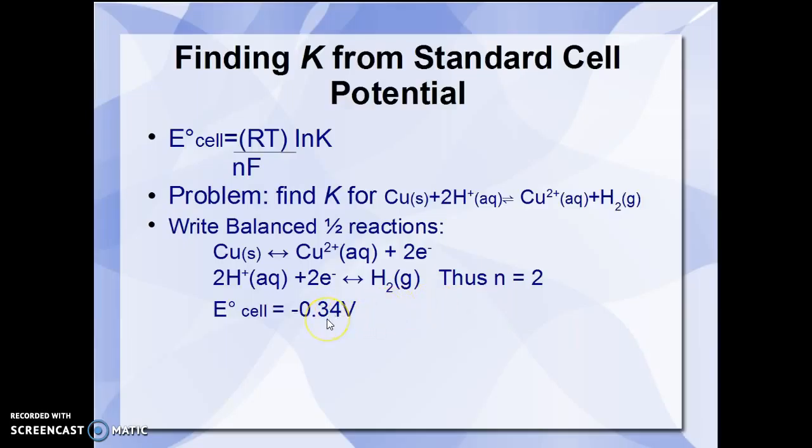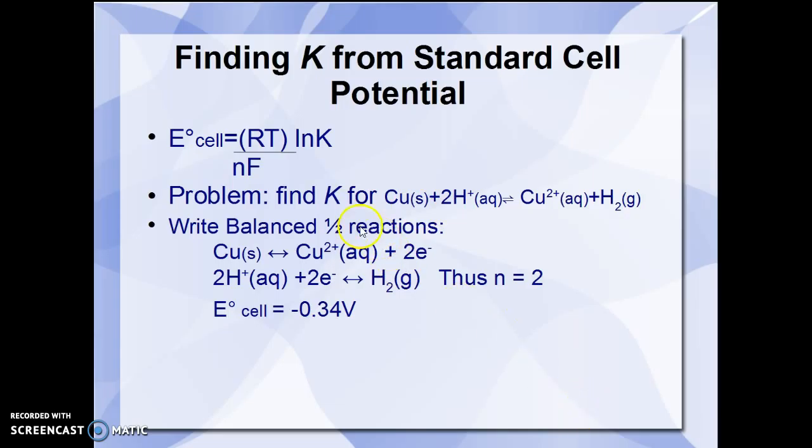That is a giveaway here, because if a cell voltage is negative, that means it won't go in the direction that it's constructed. The voltmeter will not move forward, it'll move backwards, because the natural tendency of this cell is to move from the copper 2+ and hydrogen to the left to make copper metal and hydrogen ions.